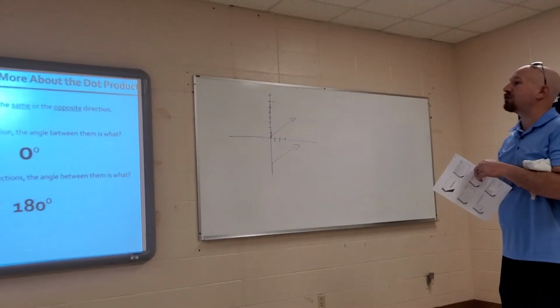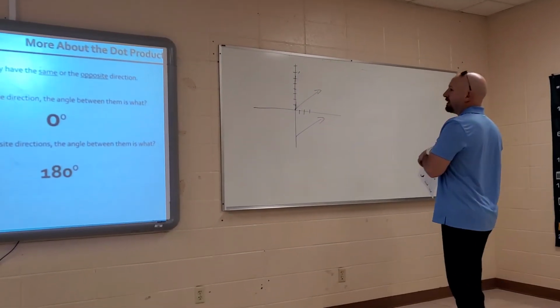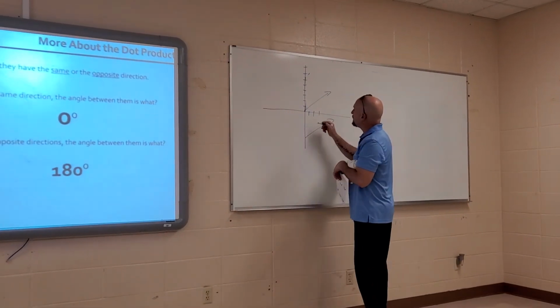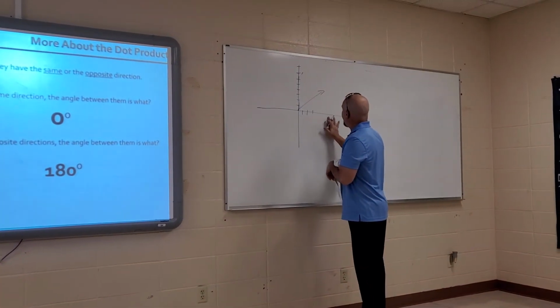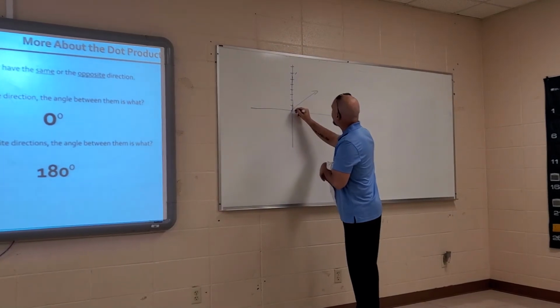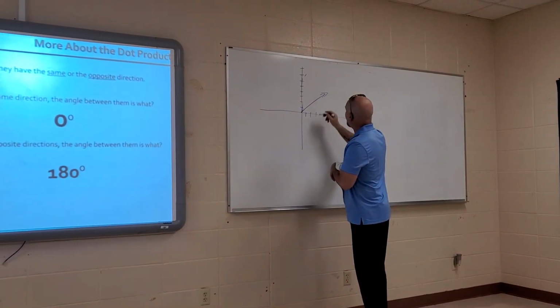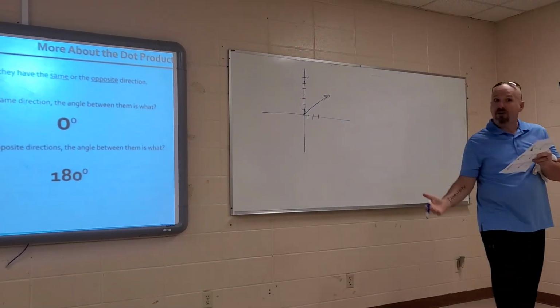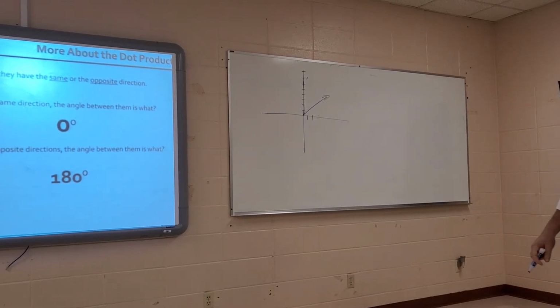If two vectors travel in the same direction, then the angle is 0. Well, that makes complete sense. If this vector and this vector are both going together, one on top of the other, then there is no angle between them. Okay?